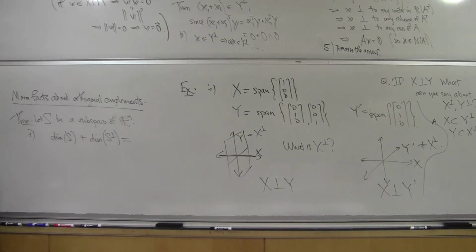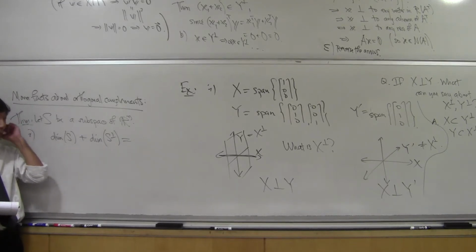What number? I guess the dimension of S times 2? So you're saying that S and S perp will have the same dimension? And?